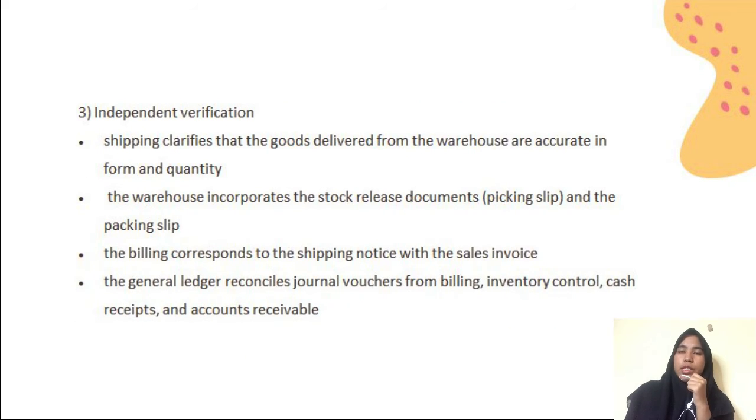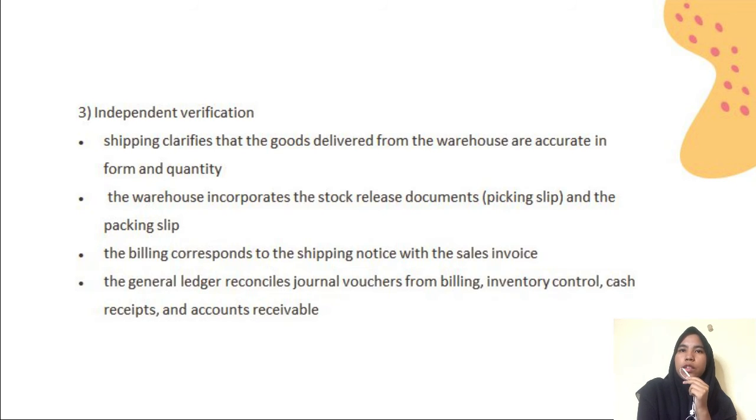And the last physical control is independent verification. Physical processes along with record keeping should be independently checked at different points in the system to check for quality and completeness. The first one is shipping, which clarifies that the goods delivered from the warehouse are accurate in form and quantity.